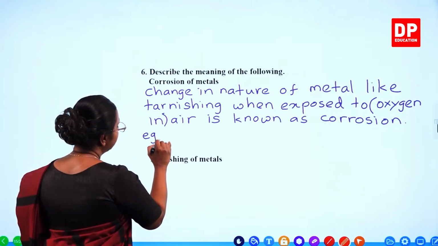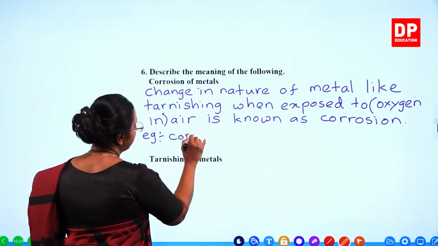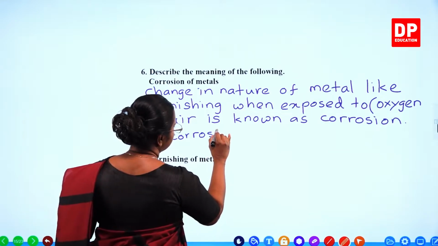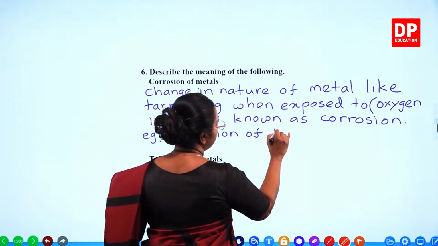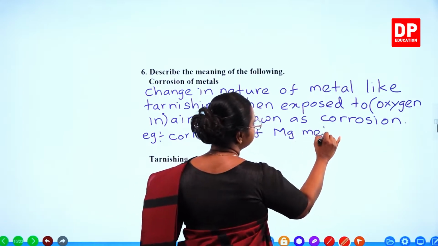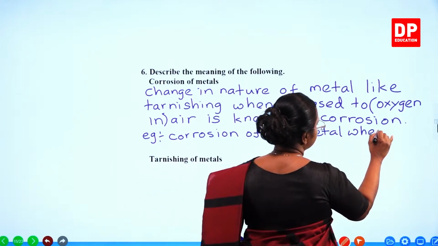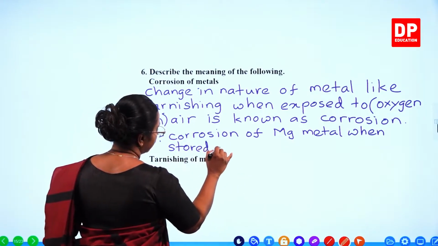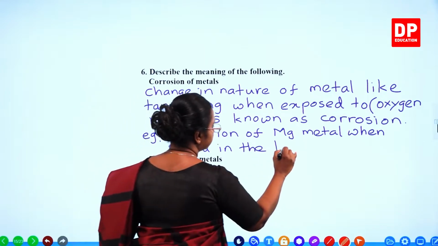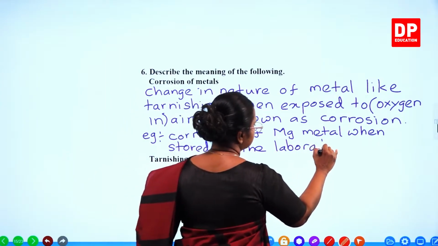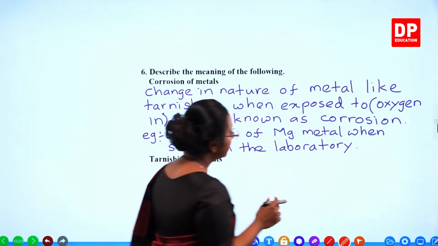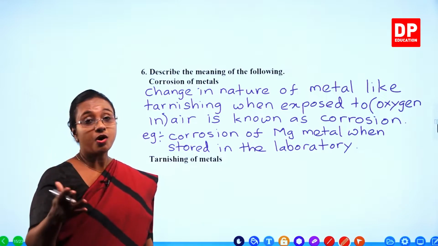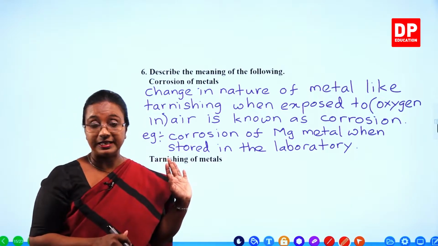So as an example, I can say corrosion of magnesium metal when stored in the laboratory. Initially the shine is lost, then you know the magnesium oxide layer forms over it. So all that is part of corrosion of magnesium.